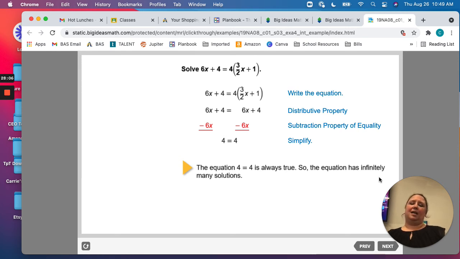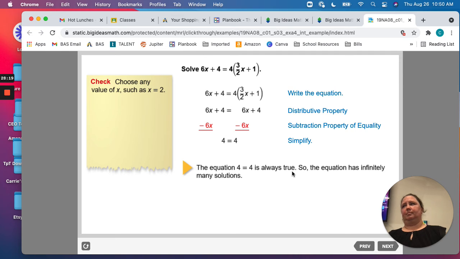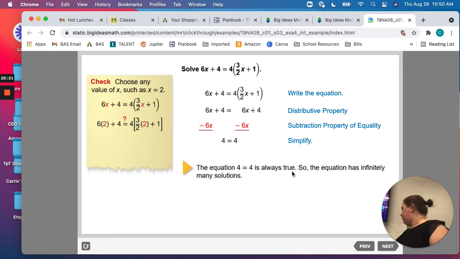So then this has infinitely many solutions. Infinitely many solutions. You've also heard it said all real numbers. Okay, so the answer to this one is infinitely many solutions. You would write those 3 words: infinitely many solutions.